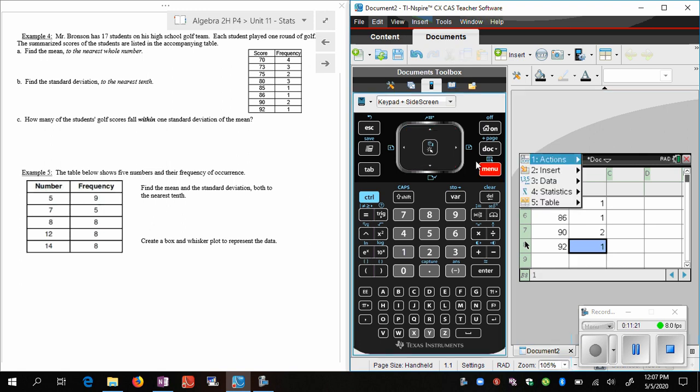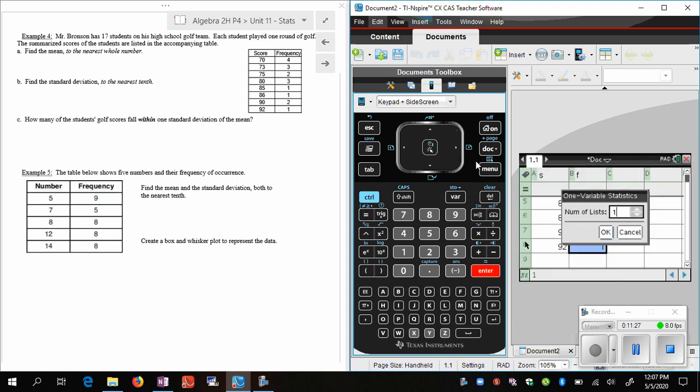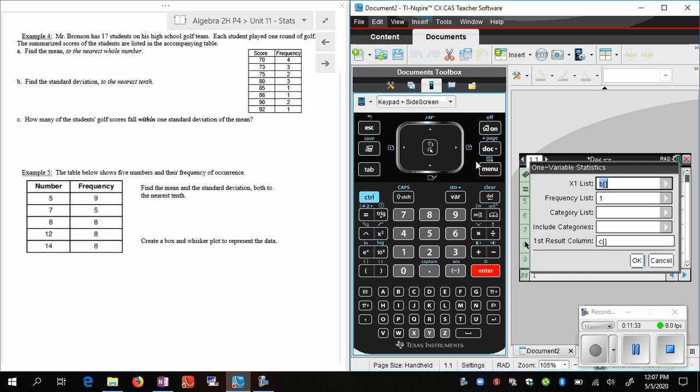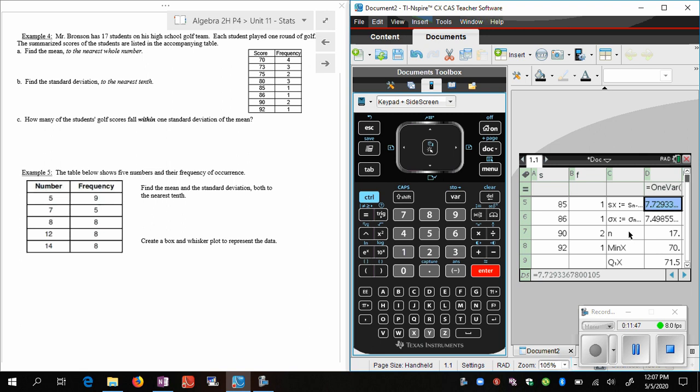So now when I go to run my one variable statistical analysis, so statistics, stat calculations, one variable statistics, the number of lists is still 1. It's always going to be 1 for what we do. And then here is where I actually input the frequency list. The frequency list I labeled as F. So where it says frequency list, I changed that from a 1 to an F. And then again, if I just hit enter without scrolling all the way down, this is how I know I entered it correctly.